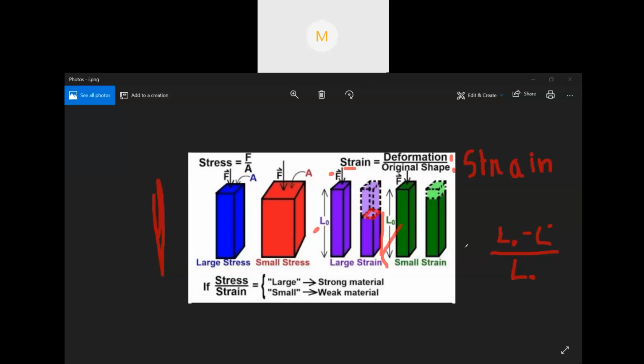So strain is given by this. L naught minus L is this part, so you can write it simply as del L by L, or del L naught by L naught. Are you getting me?